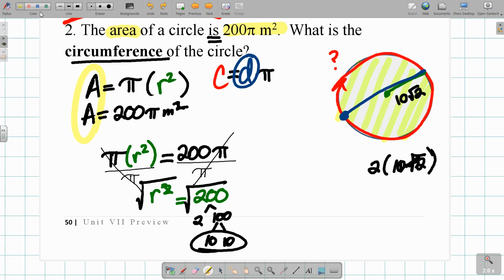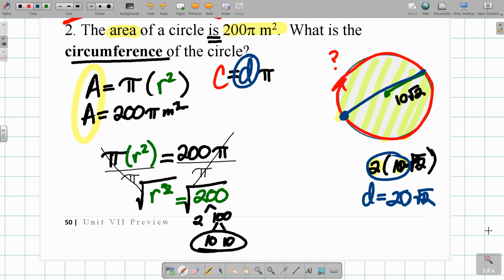Only the outies talk to each other. So the 2 and the 10. So we have now figured out that my diameter is 20 root 2.